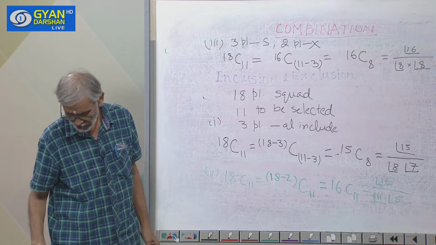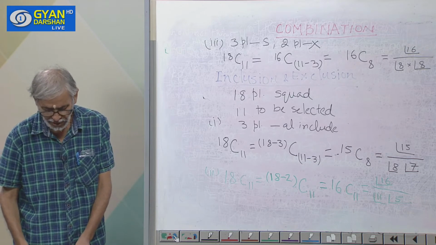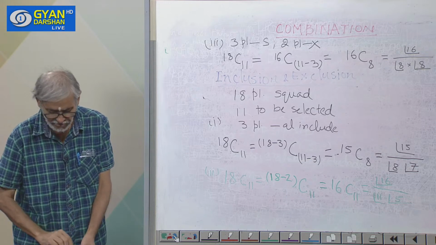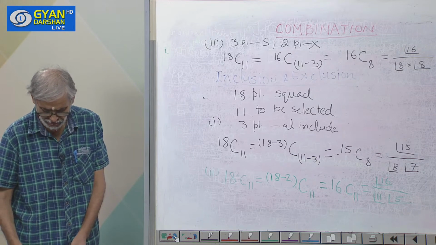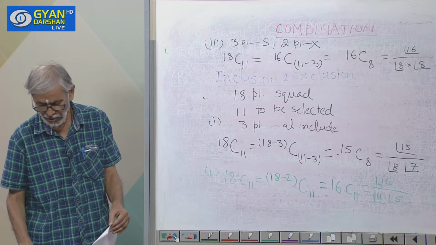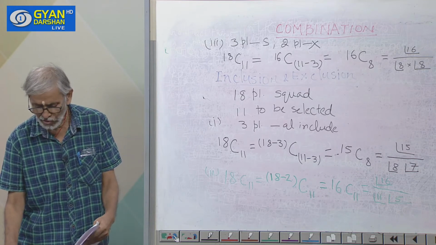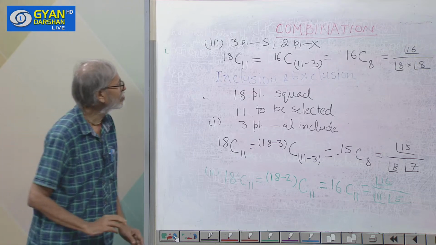Now this completes your inclusion exclusion problem. Now let us see the binomial theorem.